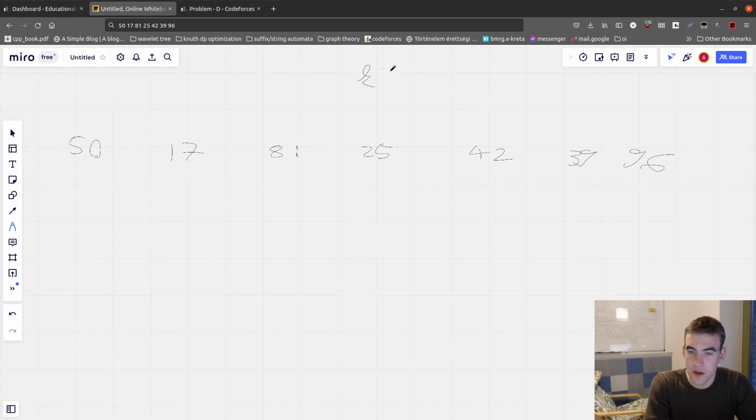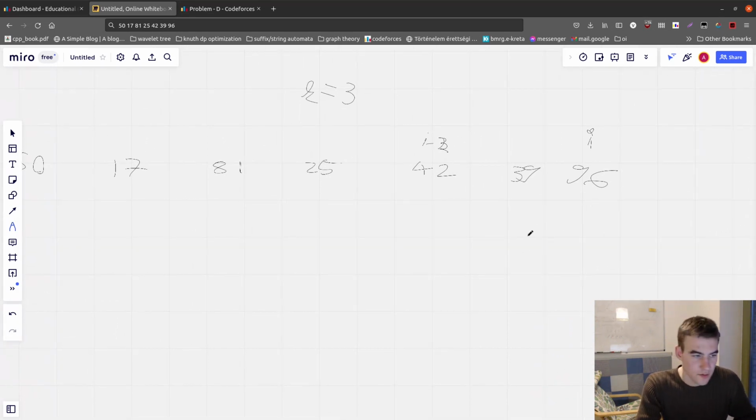So if k equals 3, then we need to have an arithmetic progression starting from position I minus 2, such that the last position will be removed. And this can be done in 96 divided by 3 moves, rounded up. This is true because, well, let's try to find a contradiction.